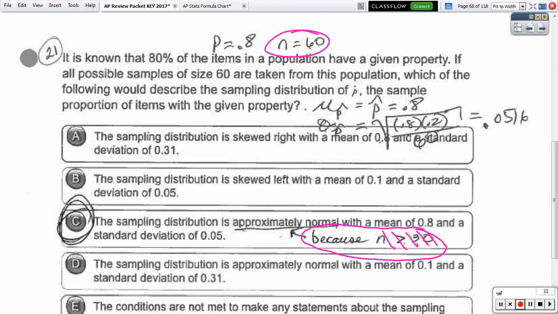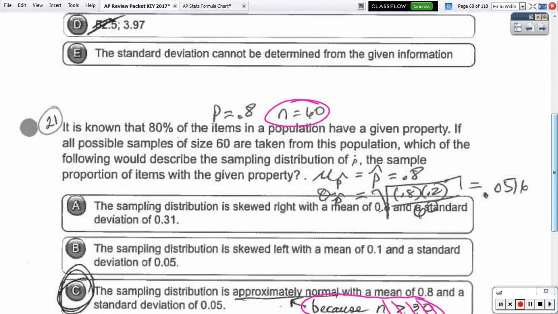So what's the quote-unquote "large enough" for proportions? It has to be such that np is greater than or equal to 10, and n times (1 minus p) is greater than or equal to 10. So we want to check those.